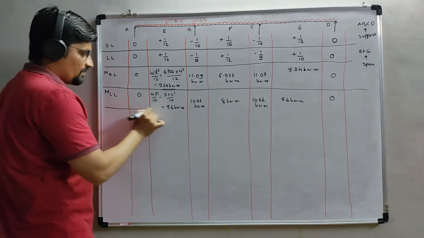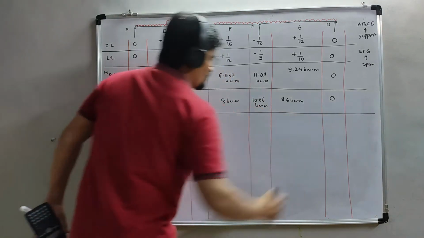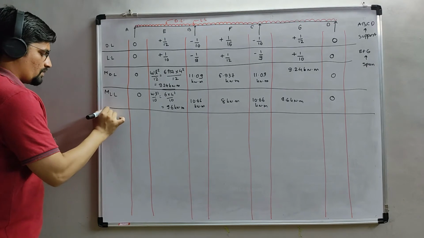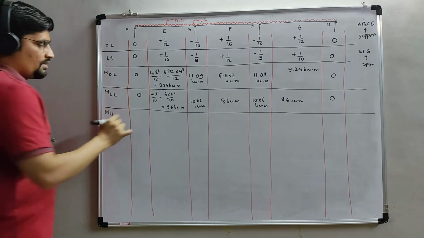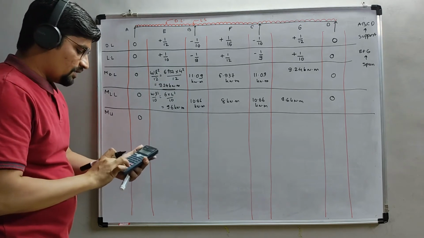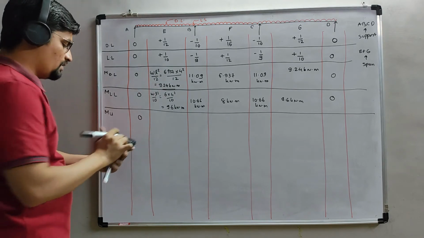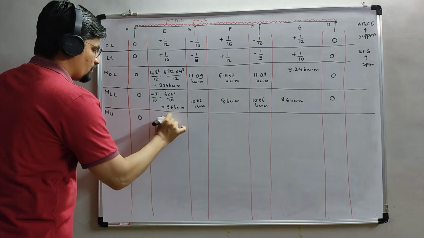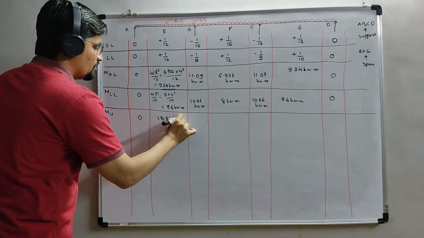Now the next row will be the total moment, Mu, which will be the sum of these two. So 9.6 plus 9.24, 18.84 kilonewton meter.